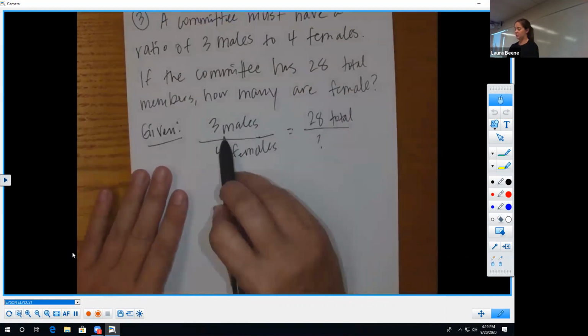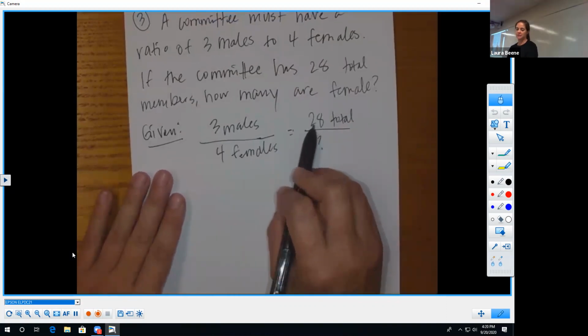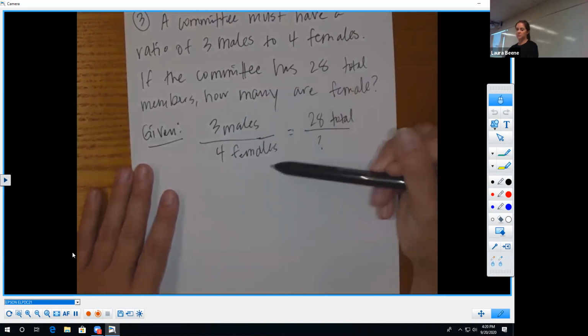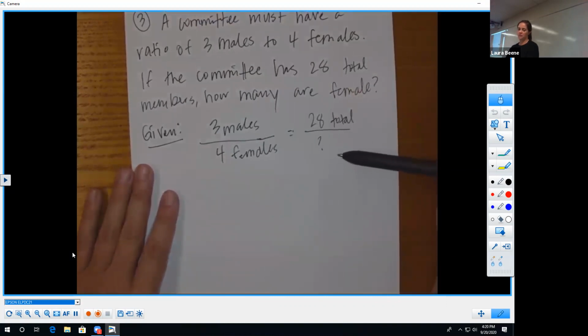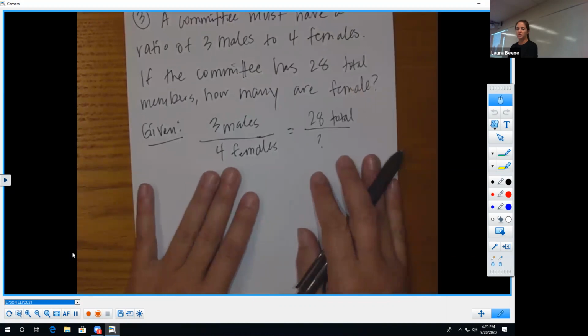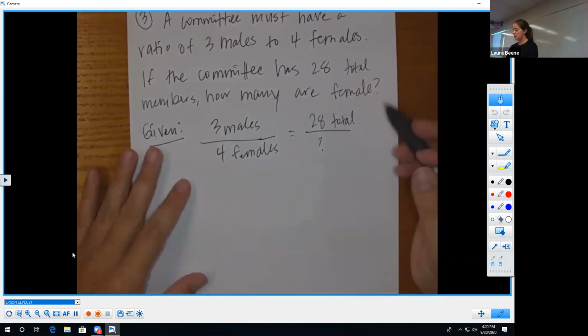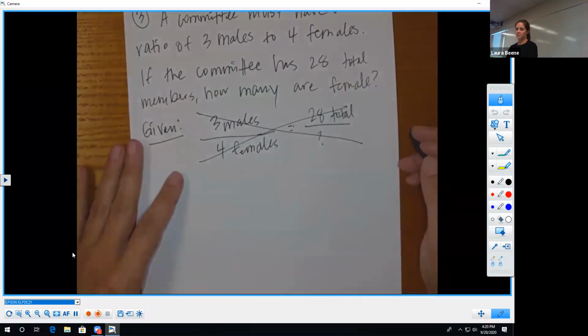First of all, 3 times something isn't 28, it's a decimal, it's kind of a mess. But also notice I have males to females, but I have total members to females here. So this isn't proportional. I'm not comparing 2 ratios that have the same measurements on top and on bottom. So this is not the way to do the problem.